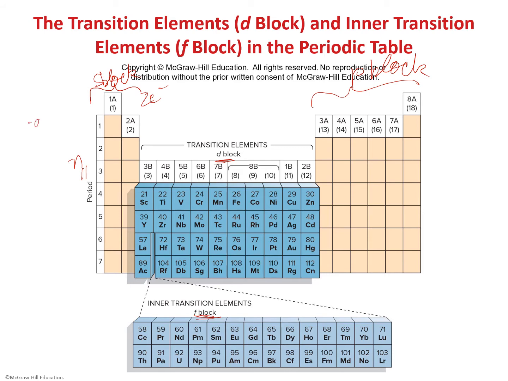So let's say if I have an atom, there's a nucleus, and then there are a certain number of shells around it. Whatever is the outermost shell, that would be its period number.